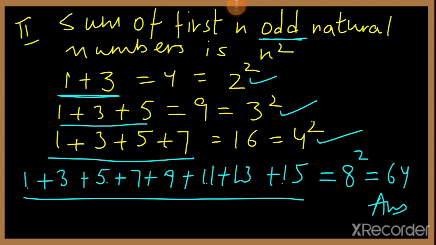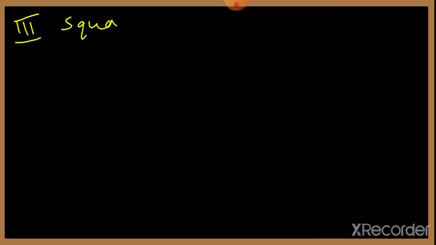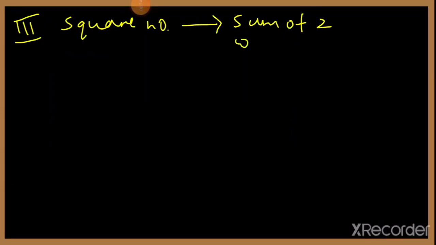Now children, we will take up our last concept. The third concept is that a square number can be expressed as the sum of two consecutive integers, right?